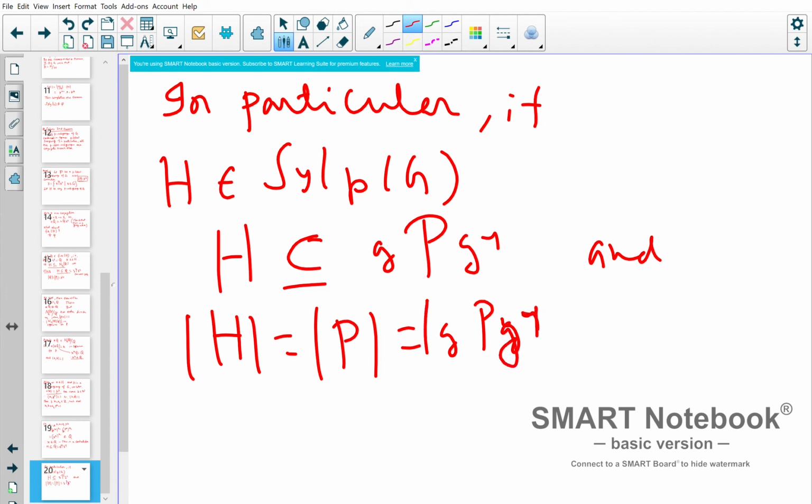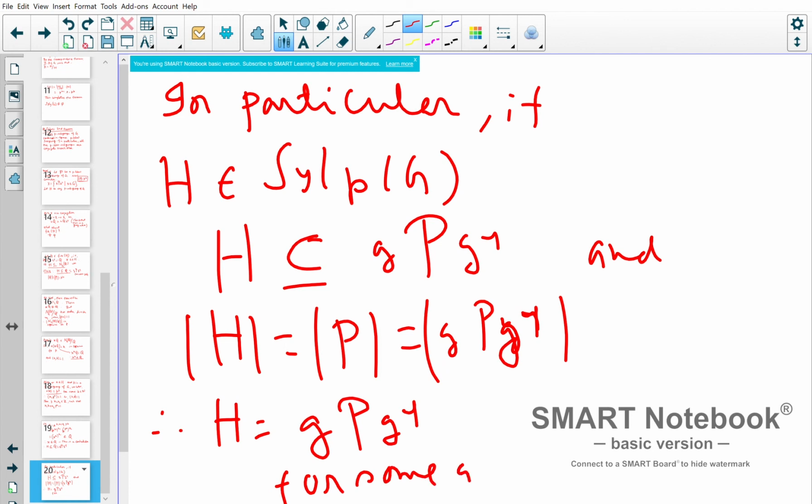There is no other option. It has to be equal to this gPg inverse. So every two Sylow subgroups are conjugate to each other. If you choose any Sylow subgroup, there has to be some gPg inverse for some g belonging to G.